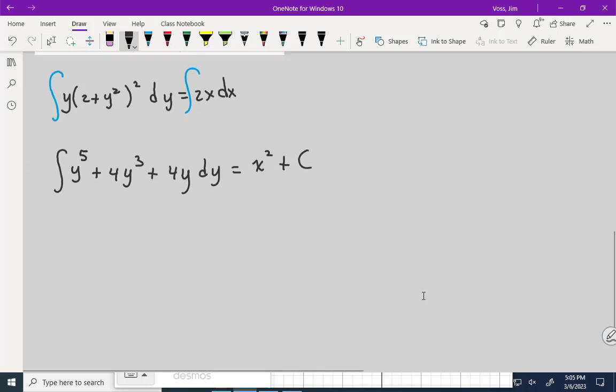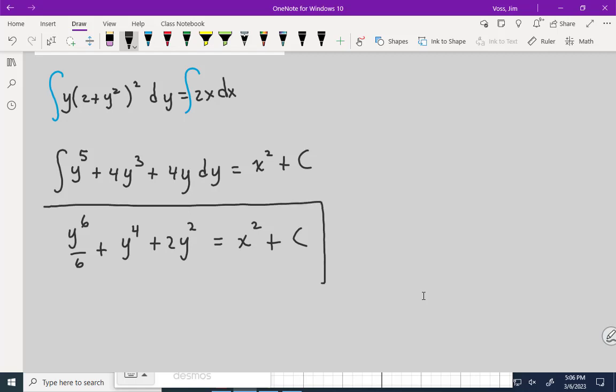Integrating on the left-hand side, we don't have to add another constant, we'll just think of it as being smushed into that one. So there is our implicit answer. And we are not going to be able to peel out a y and isolate y in this case either. So the only option is to give our implicit curve. There's our implicit curve.